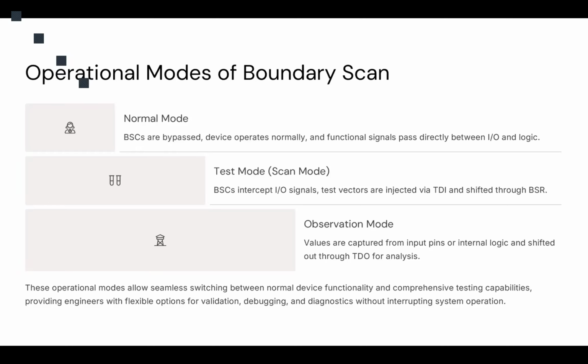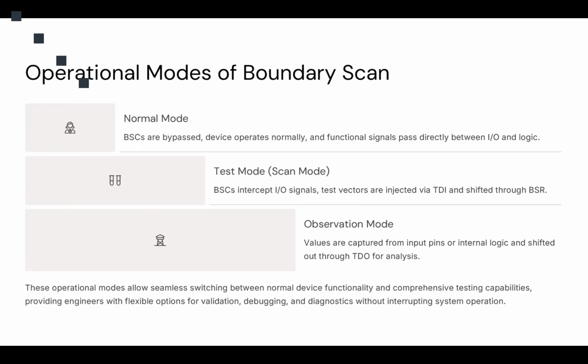Test mode is normally used during manufacturing or hardware validation, and basically verifies the integrity of the logic behavior and the interconnection of all the pins.